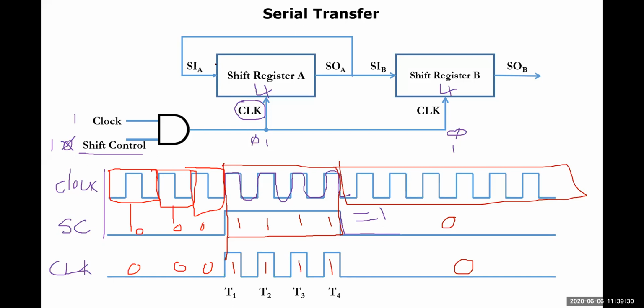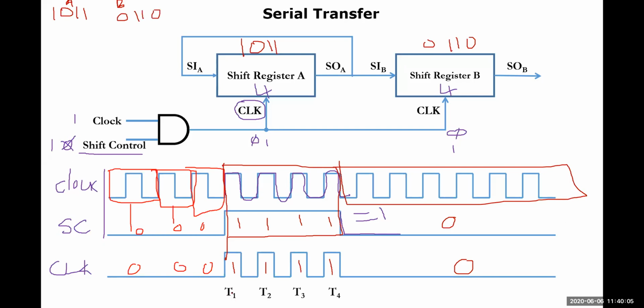It does have some value, for example 1011, and the other has 0110. For example, these values. At T1, what exactly happens here? At T1, 1 bit will be forwarded to shift register B and also back to shift register A. Look at this. Initial values are 1011 in shift register A, and shift register B will be 0110.